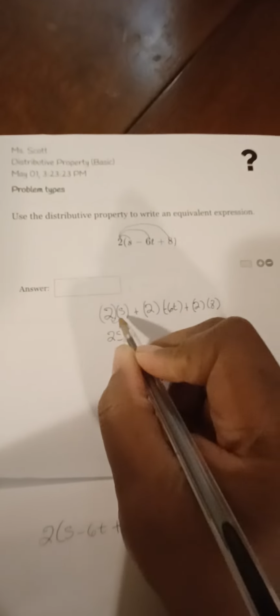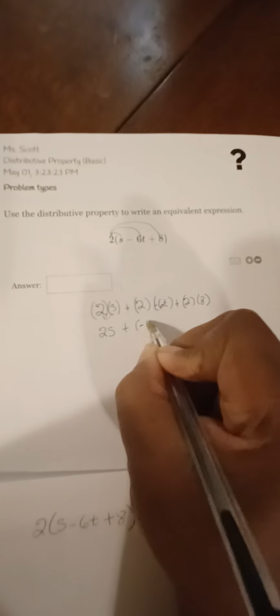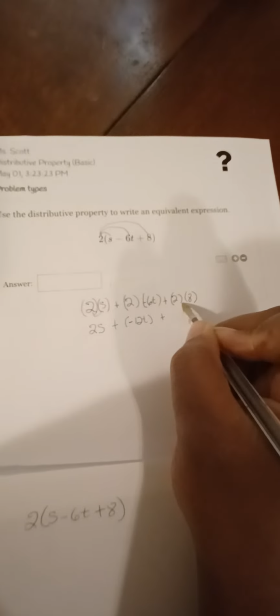Don't forget to carry your sign, the sign that's in front of the term. Then I'm going to plus 2 multiplied by 8. So 2 multiplied by s is 2s, plus 2 multiplied by negative 6t is negative 12t, plus 2 multiplied by 8 is 16.